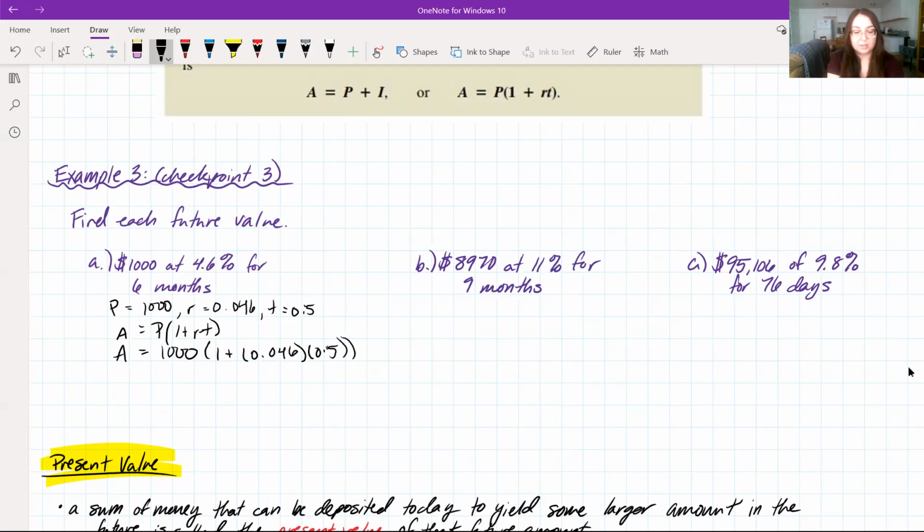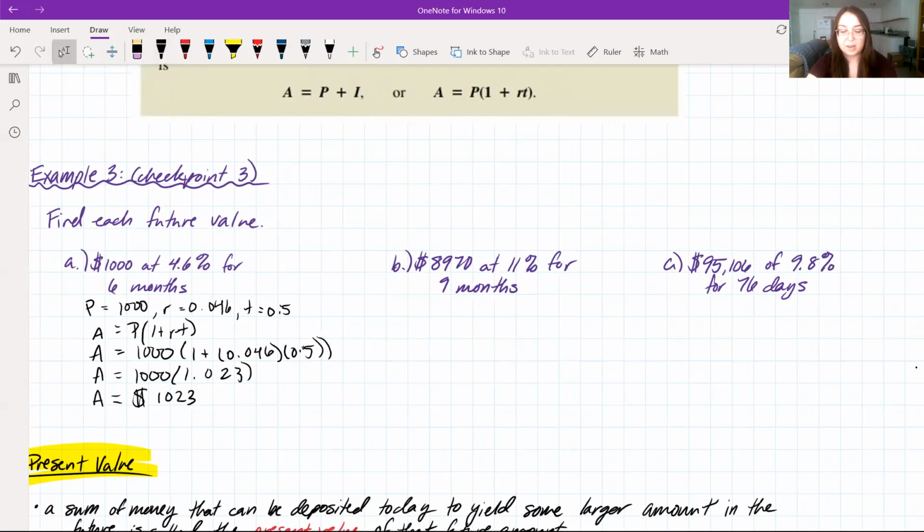If you calculate what we have in the parentheses, we'll end up seeing that we get 1,000 times 1.023. Multiplying that value by 1,000, we see that we get $1,023. So that is how much our investment has matured in the 6 months. So it's gained $23 of interest.